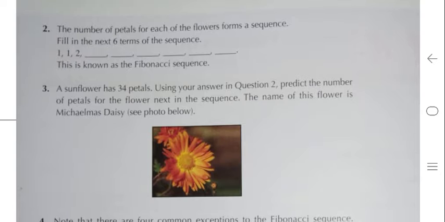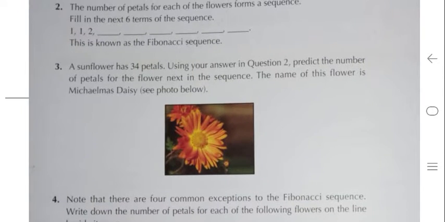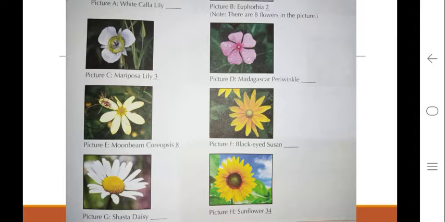Fibonacci sequence is 1, 1, 2, 3, 5, 8, 13, 21 and 34. So this one should be 21 petals.